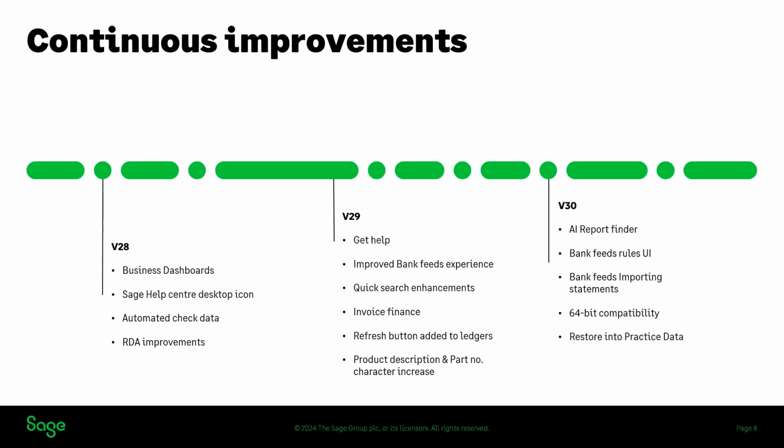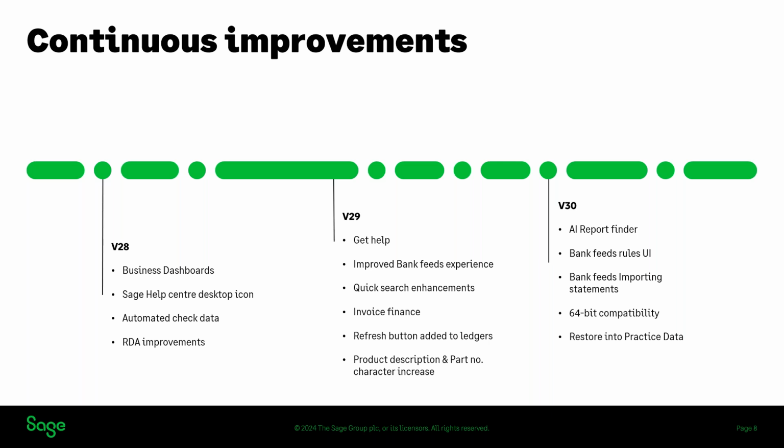So let's get on to the improvements. So as you can see, over the years, we have listened to your feedback and suggestions and implemented them into the software. So for example, version 28, we introduced business dashboards and remote data access improvements. Version 29, we introduced the Get Help feature and started the improvements with the bank feeds.